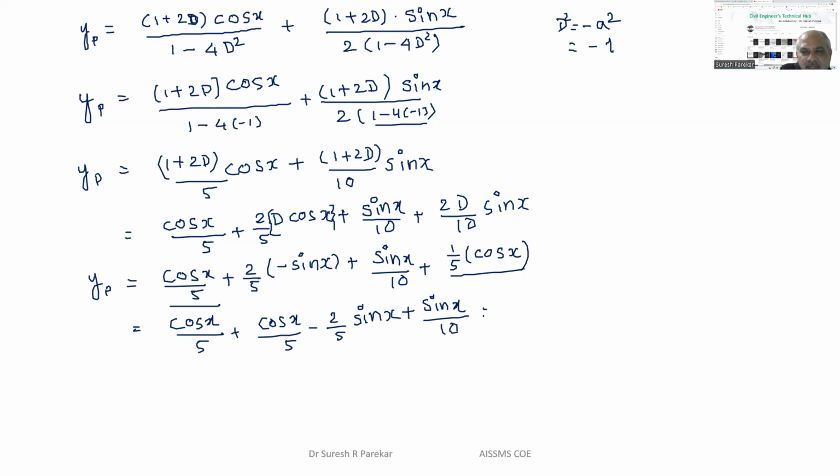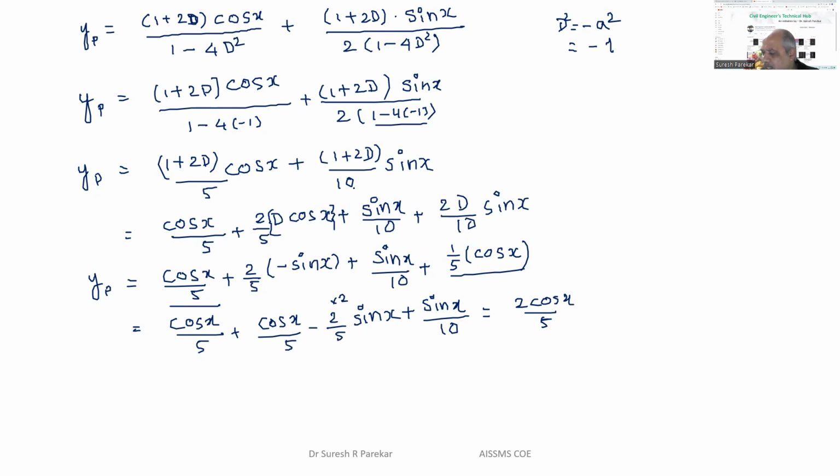And then if we solve this, the first two terms directly give 2 cos x upon 5. And in this we have 5 twos, so into 2, so 2 twos are 4, and this 1, so we have minus. So this is 2 by 5, so this becomes sin x by 10. So just check the answer once.